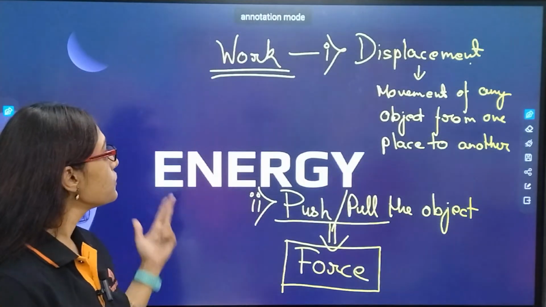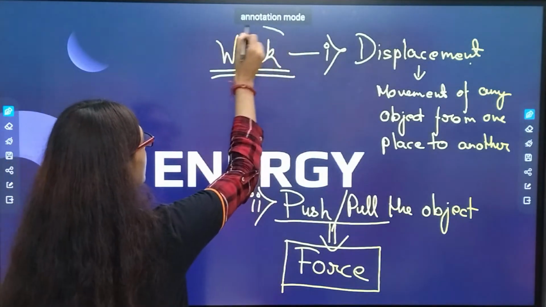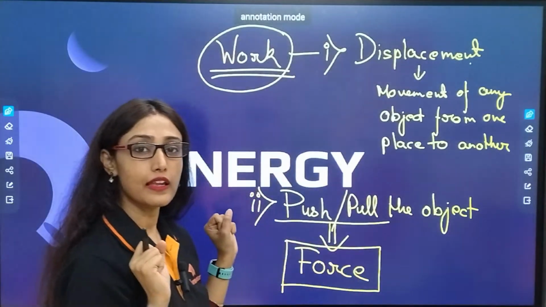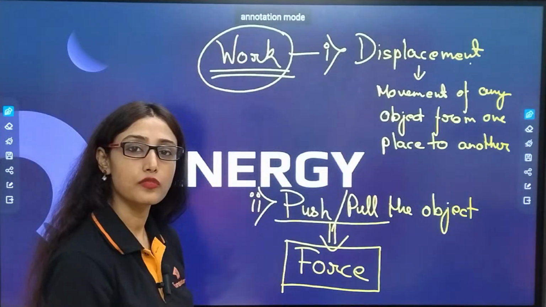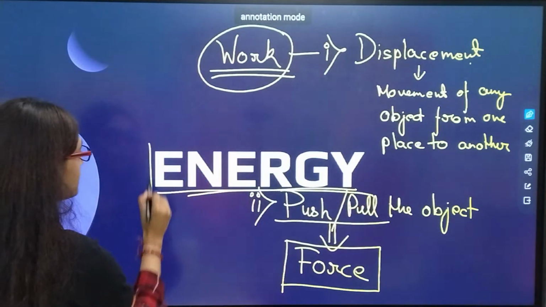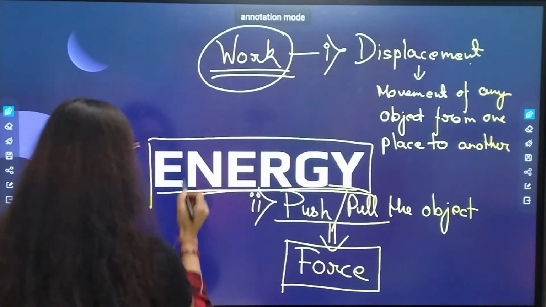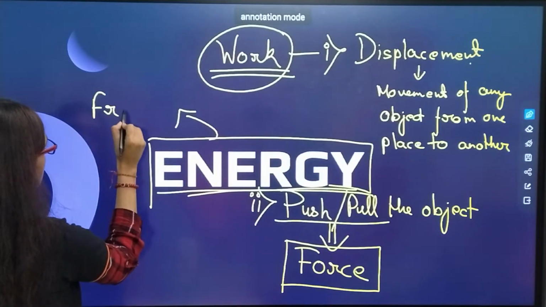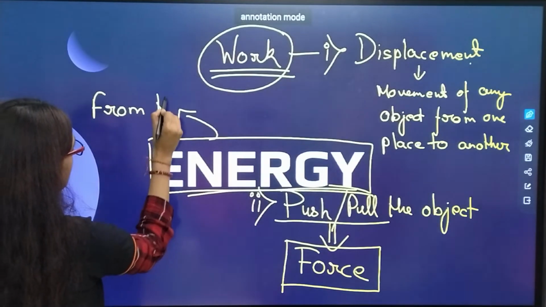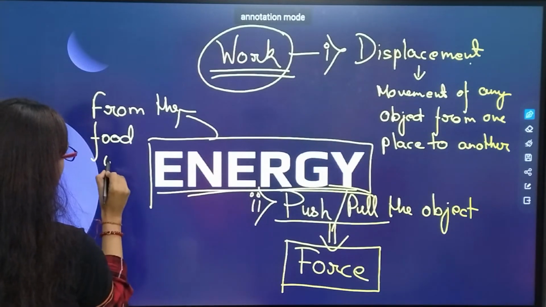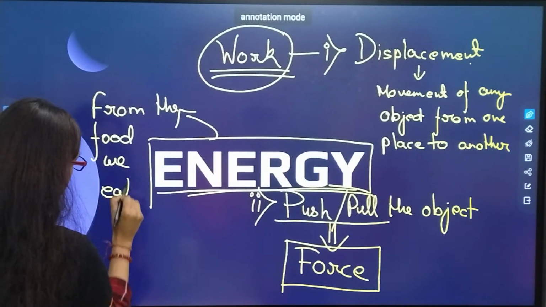Clear? So to do any kind of work, we are applying some force, and to apply some force we need what? We need energy, right? And where do we get energy from? We get energy from the food we eat, right?